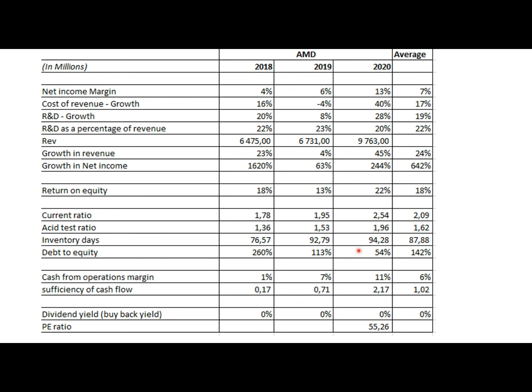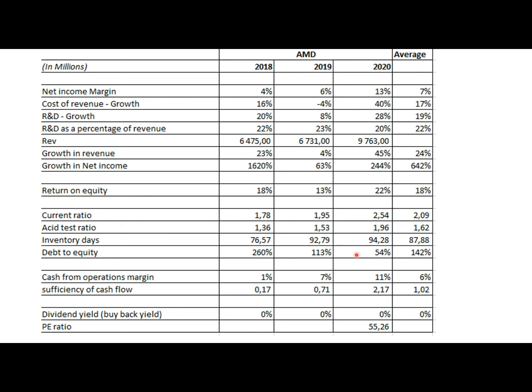It's still above the industry average of 126%, but there is a pleasing trend, because what's happening? It's been decreasing. So this decreasing performance, this improvement, is very pleasing.